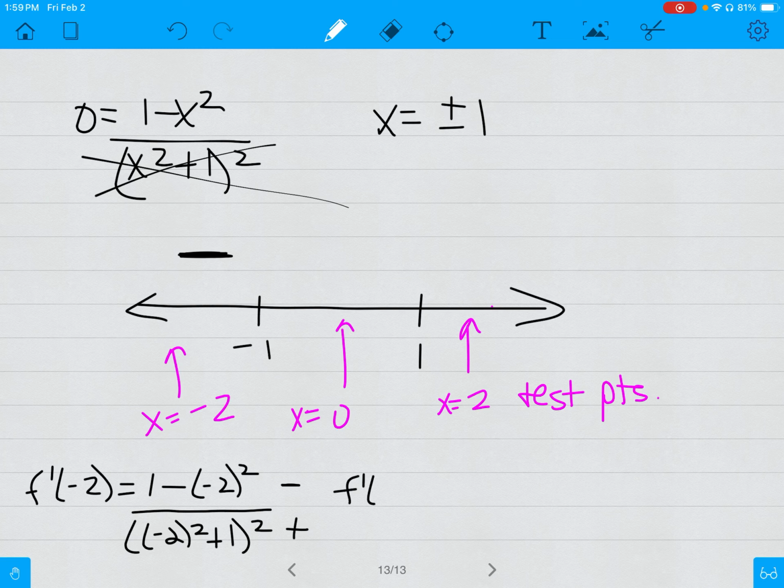If I look at f prime of 0, 1 minus 0 squared in the numerator just gives us 1. 0 squared plus 1 squared in the denominator also gives us 1. That's positive.